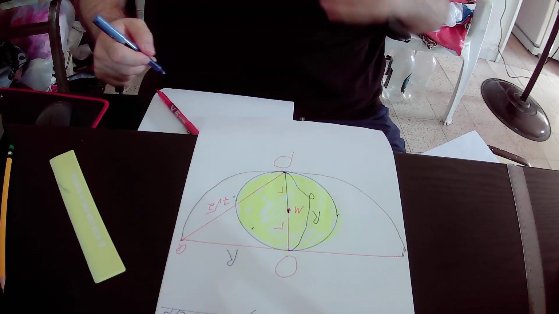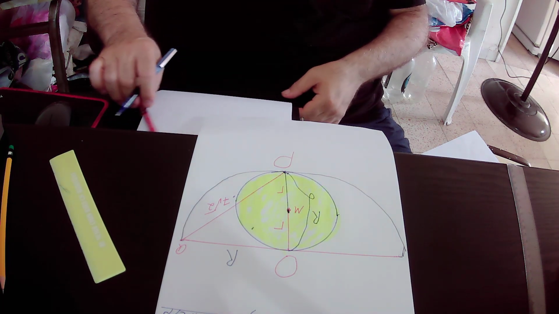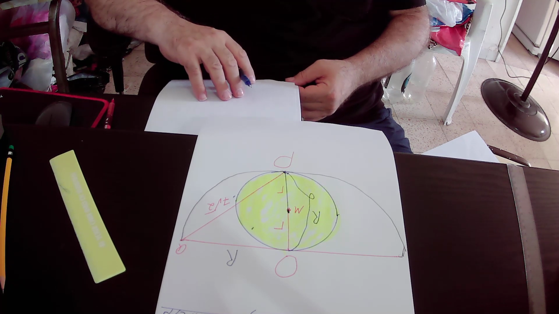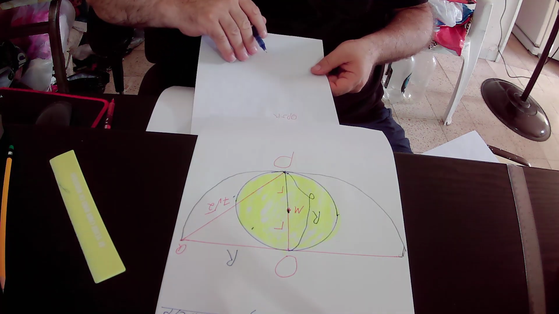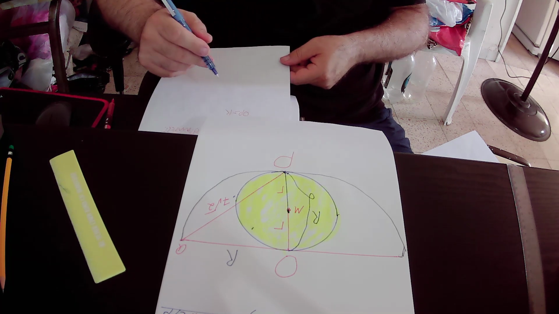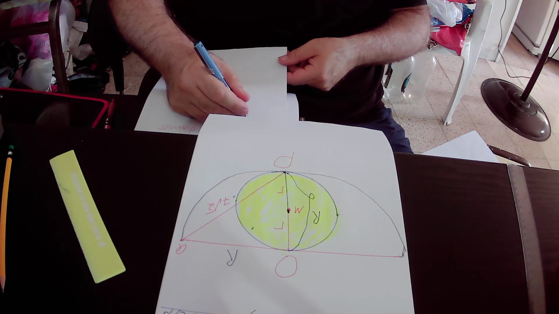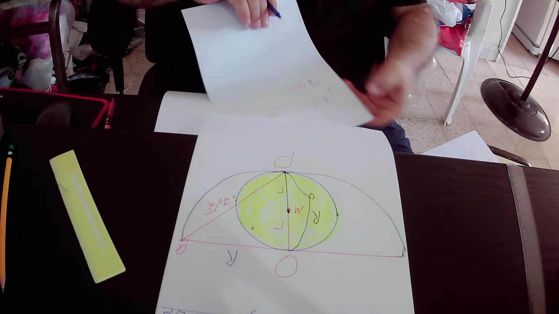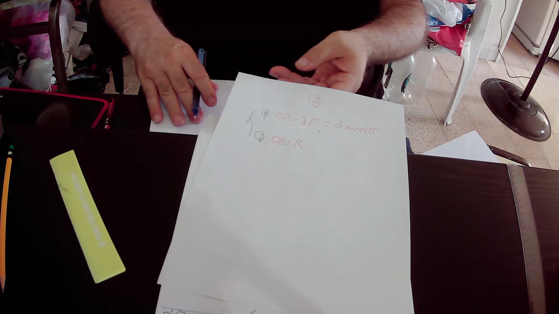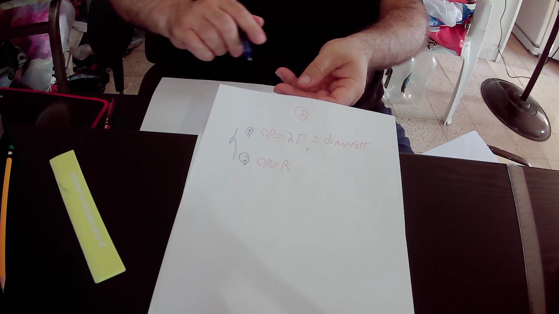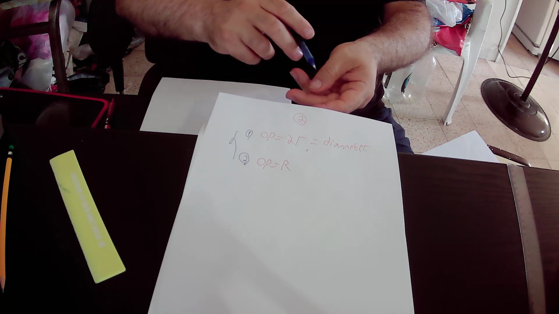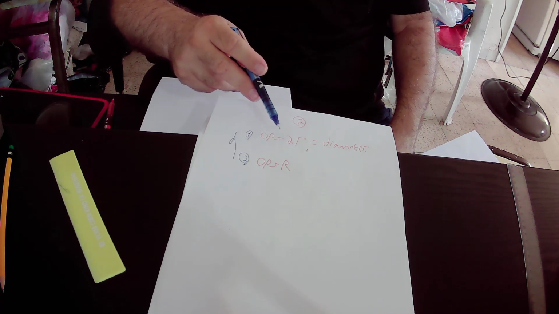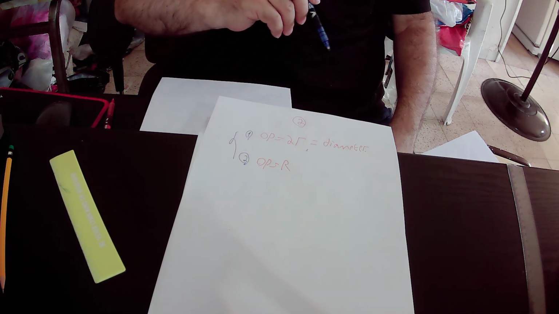Okay, so actually we have here two equalities. From one side, OP equals 2 times the radius of the yellow circle, and from the other side, OP equals also the radius of the semicircle.